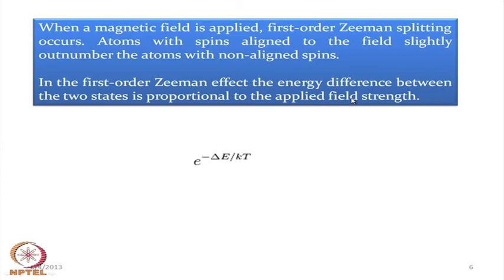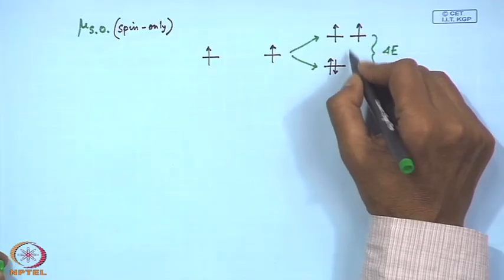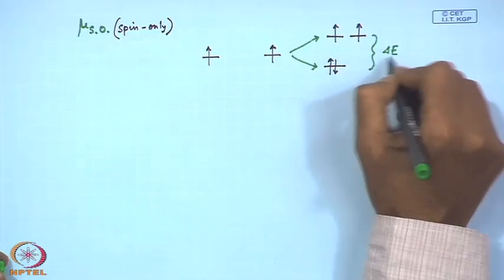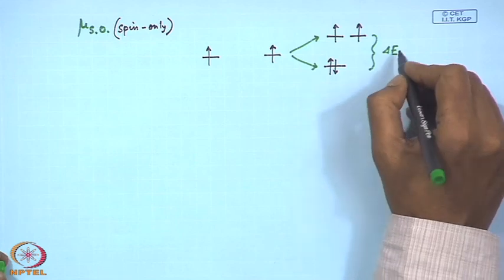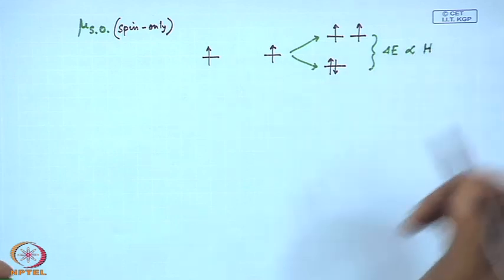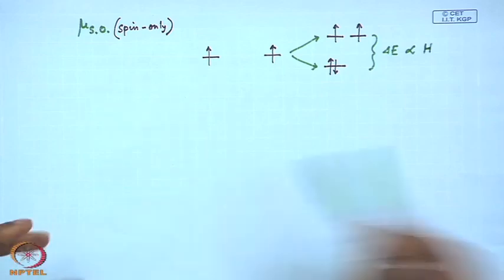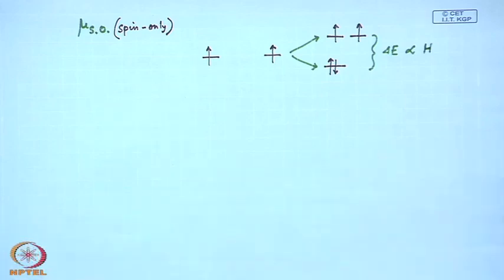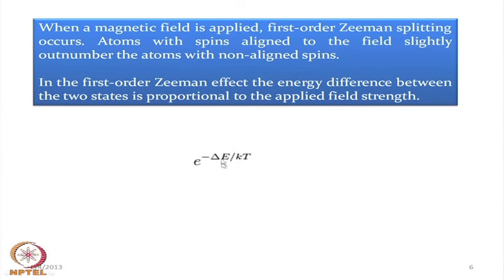So, like our crystal field, this energy gap is dependent on the field. If the field is H, the delta E value for these systems will be proportional to the field strength of the magnet. So, if we have a very strong magnetic field, we should be able to generate a much larger delta E value.